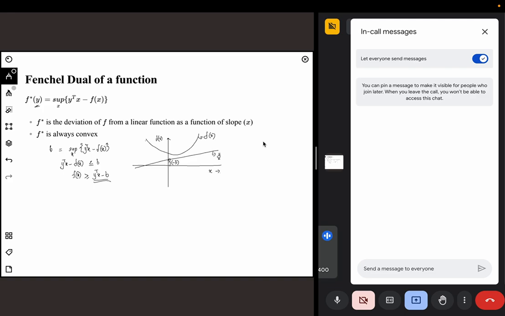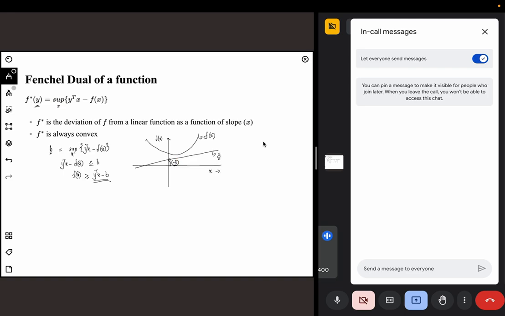So when I'm saying f star of y, it essentially means, for all the values of x, what is the value of y that will give me the maximum value of this particular b, and this particular b is the intercept. So minus b is the intercept.